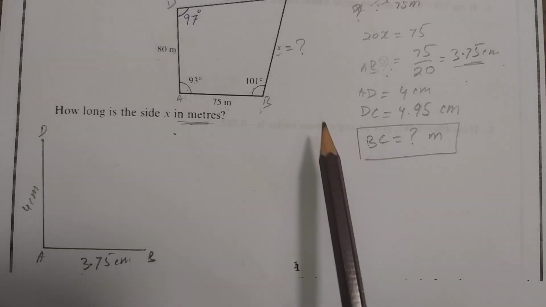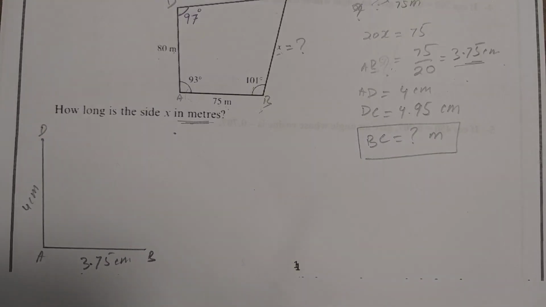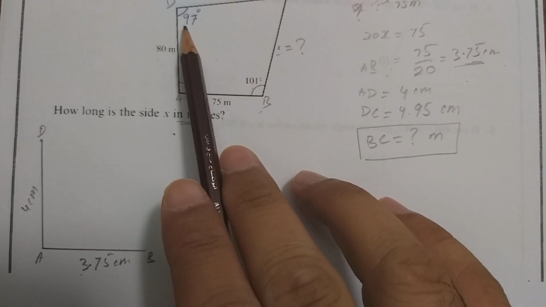Now we are given DC equal 4.95, but we have the angle 97.